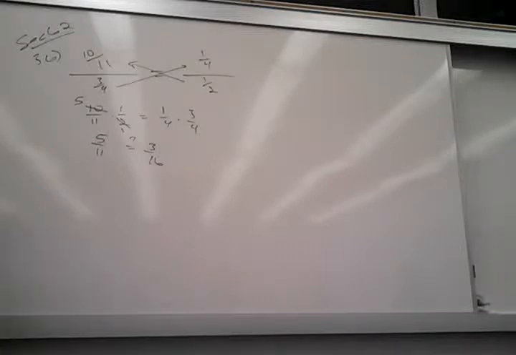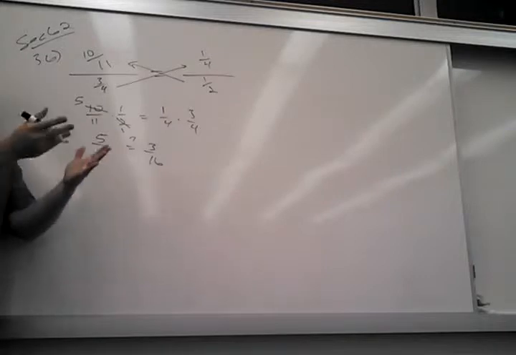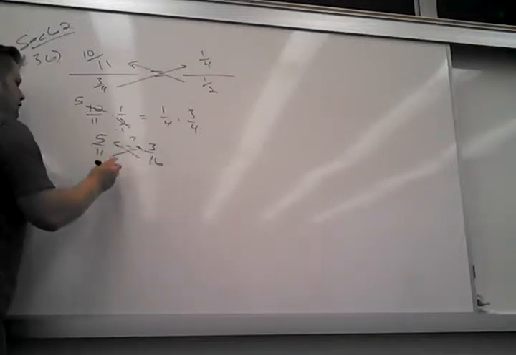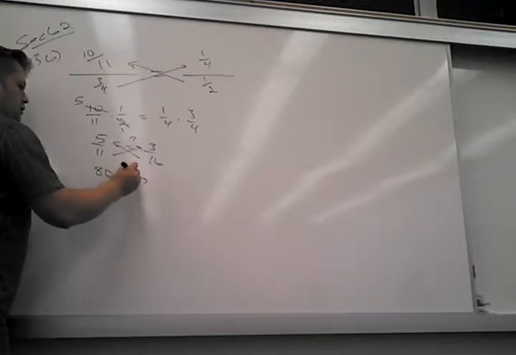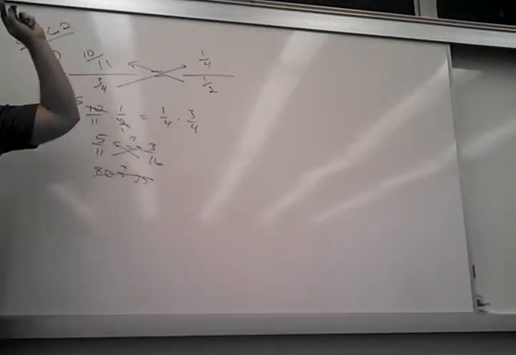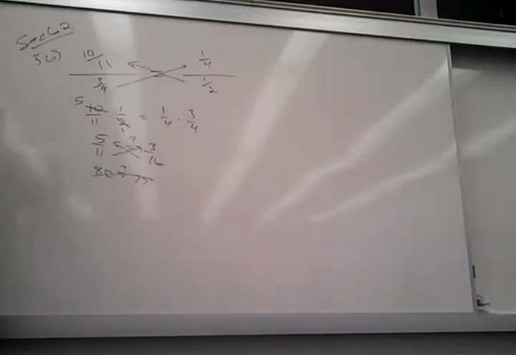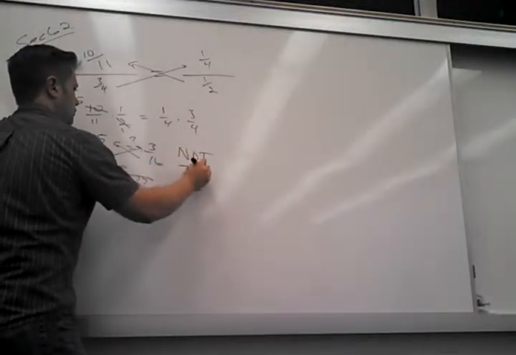I could cross multiply one more time. 16 times 5, 80. 11 times 3, 33. No. But I really don't need to. If it's in lowest terms, if it's equal, it must be the same exact ratio when you put them in lowest terms. So right there, I know it's not true.